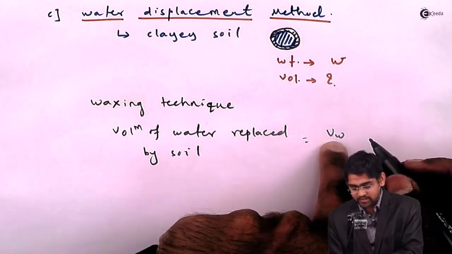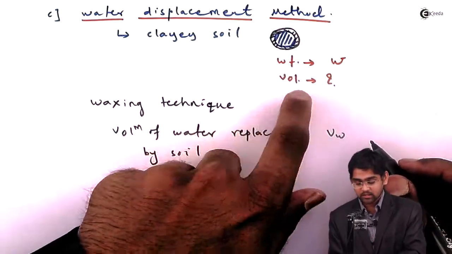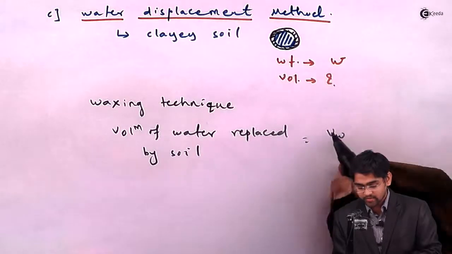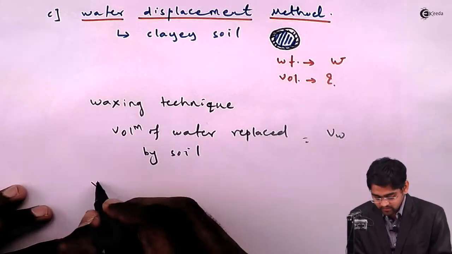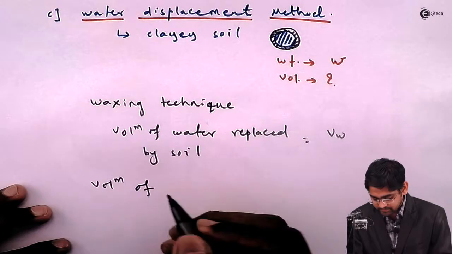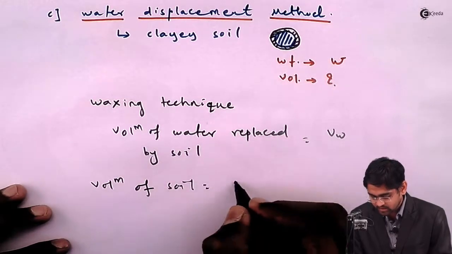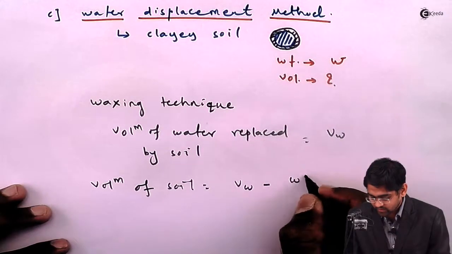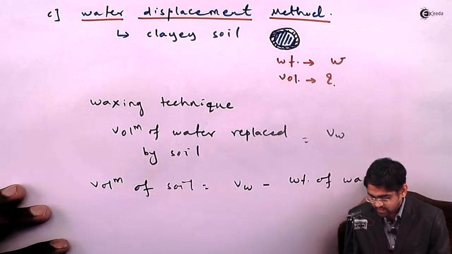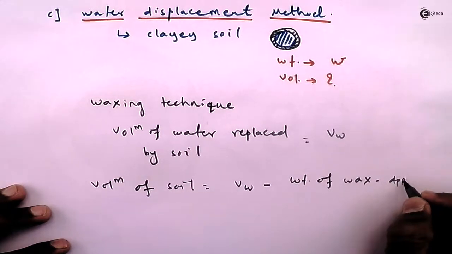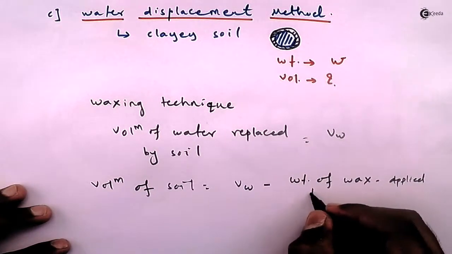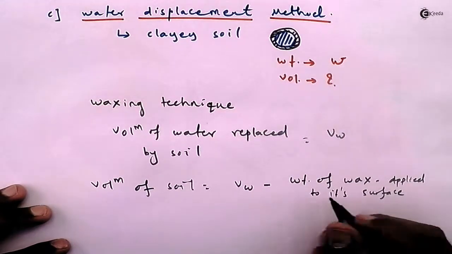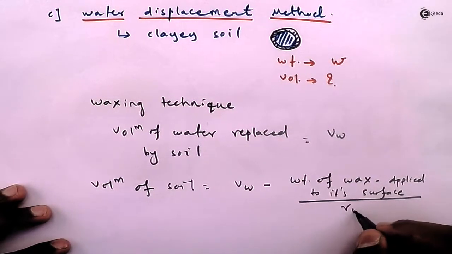But this VW also includes the volume of the wax. Therefore the volume of soil is this VW minus the weight of wax applied to its surface divided by the density of the wax.